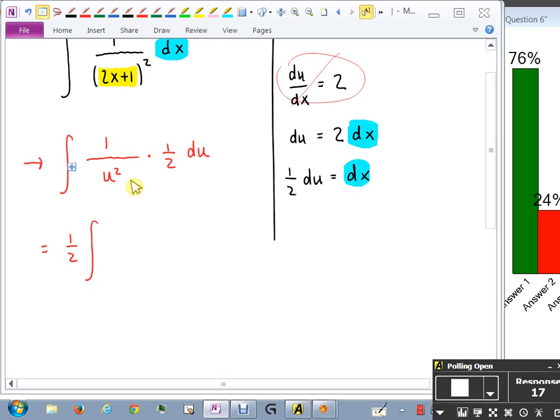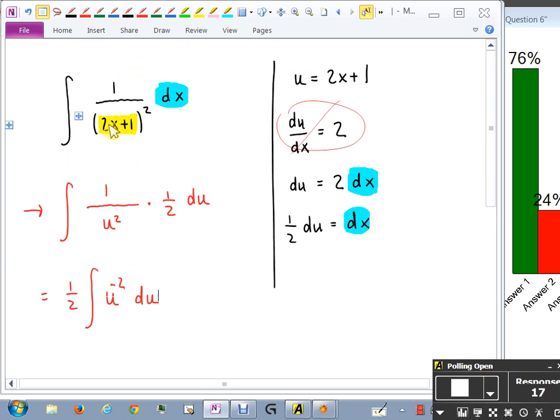And then what is 1 over u squared? That's u to the negative 2, isn't it? That's a power rule. I can do a power rule on that. You see? Because it's just u to a power. So I can bring it up and do power rule. Are you all clear that you could not have just rewritten this as 2x plus 1 to the negative 2 and done power rule?